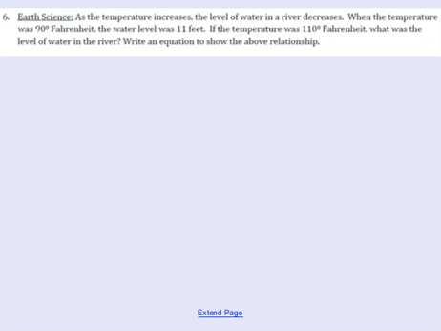Alright, sorry. So now let's do some application problems. So this is how it actually relates to real life. Earth science: as the temperature increases, the level of water in a river decreases. So decreases, increases. That tells you that they have an inverse relationship. Now, when the temperature is 90, the water level is 11.